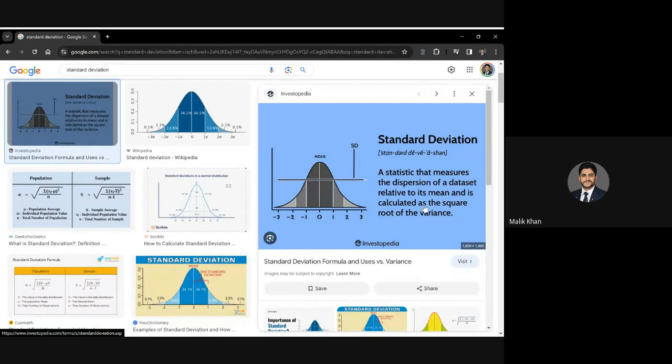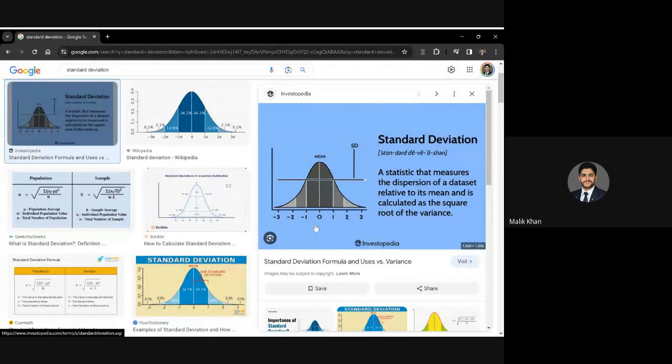What is standard deviation? Standard deviation is how spread out the data is from the mean. This is the mean. Does everybody have a value of 0, or let's say we put 50 over here for age from 0 to 100.